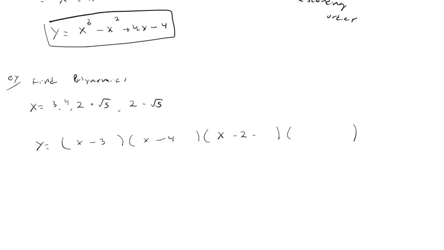So I switch both signs of this complicated piece. Positive 2 becomes negative, negative root 5 becomes positive root 5. So you switch both the signs.